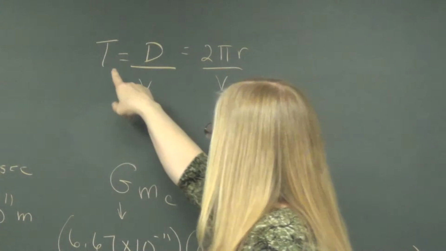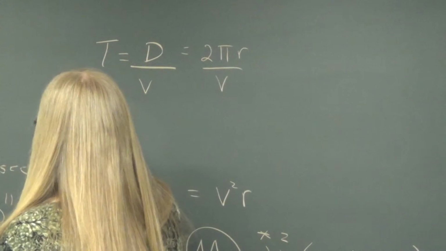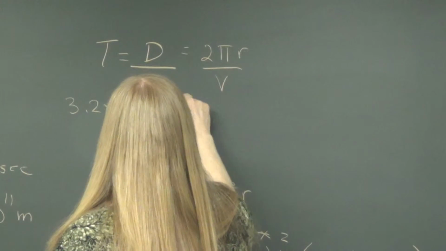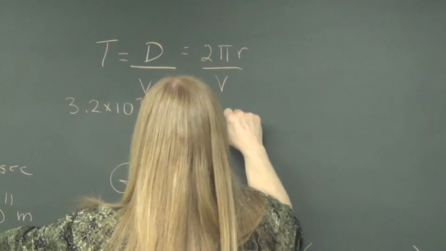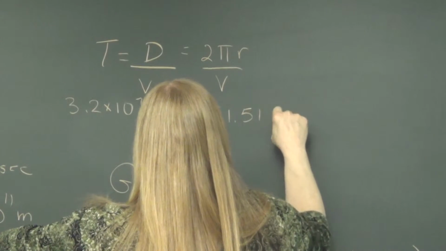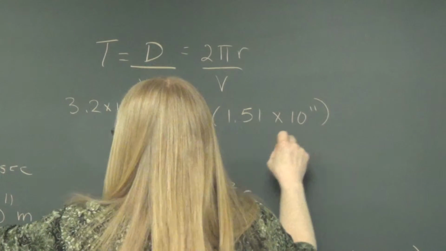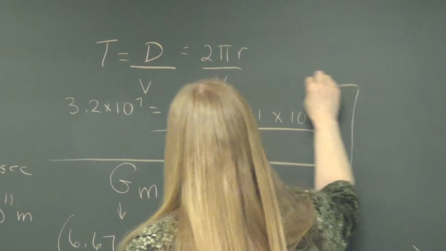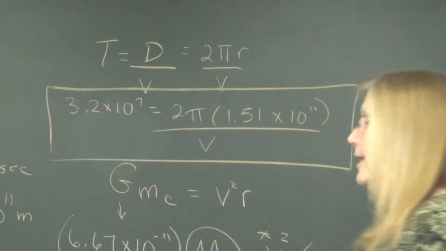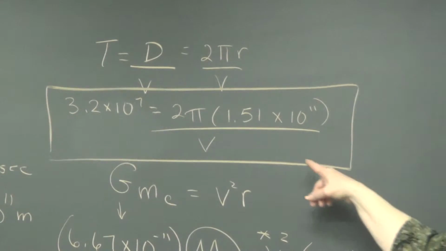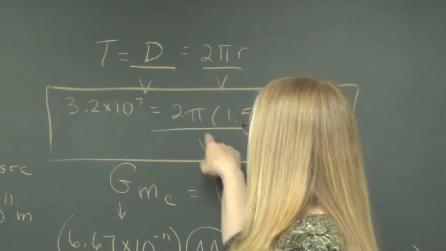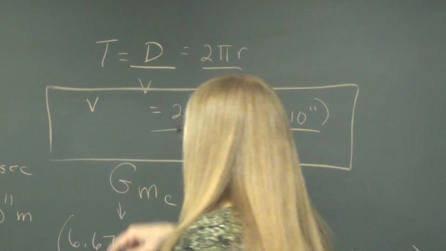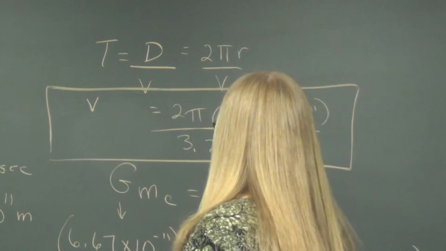So we know the period, it is given, so I'll put that under the T. We know 2 pi r, and we are dividing by V. So this equation right here will get us the V that we need down here. So when we go up here, mathematically, we multiply both sides by V. This goes over here, and we divide both sides by that number, and it switches to this.